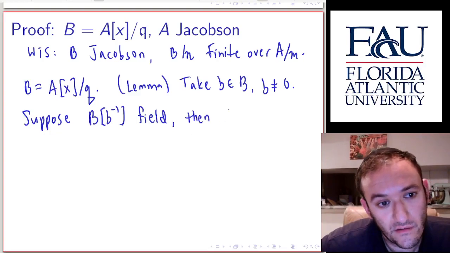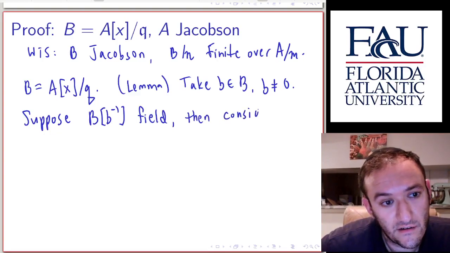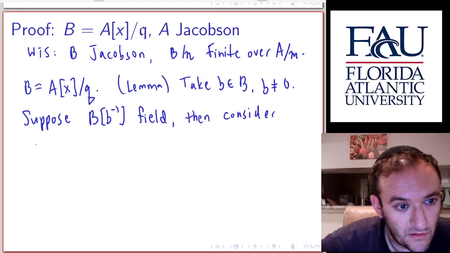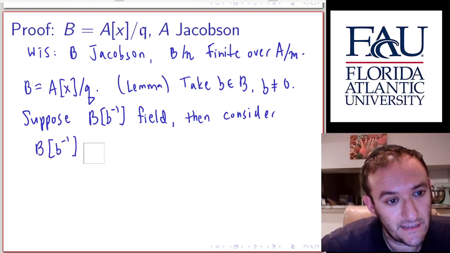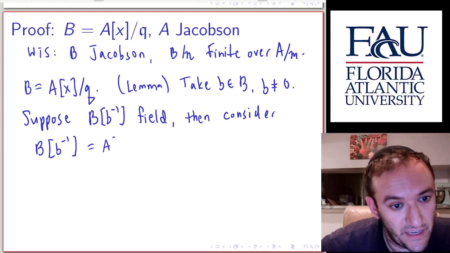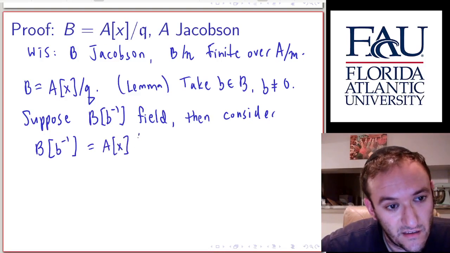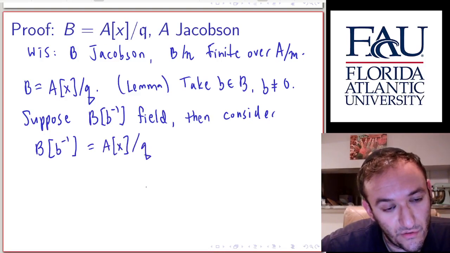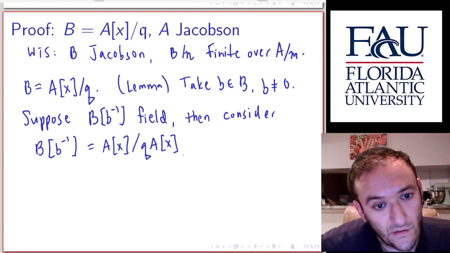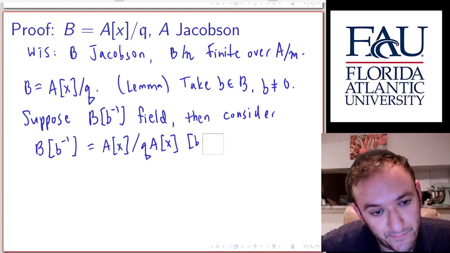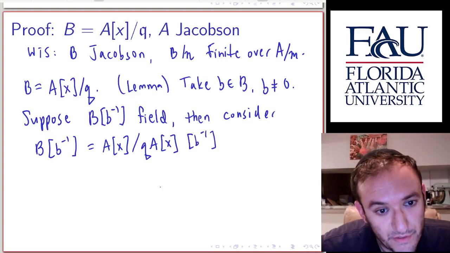Then consider B adjoin b inverse, which is going to be equal to A adjoin X modulo Q, A adjoin X, and then we're joining b inverse to that. So this is going to be a finite field.